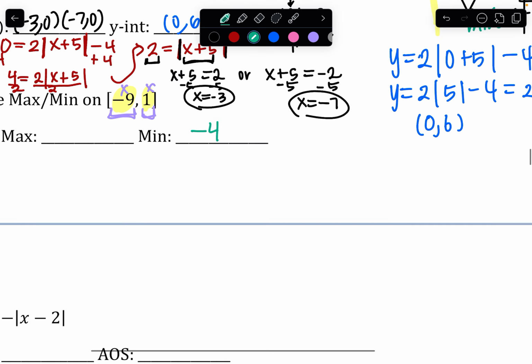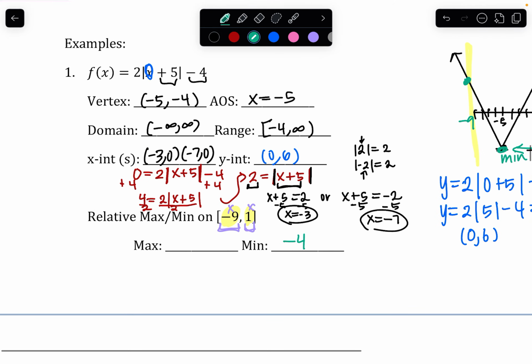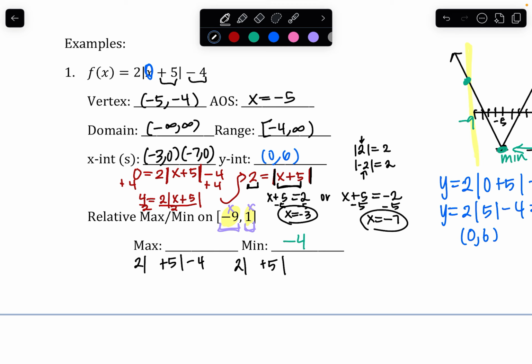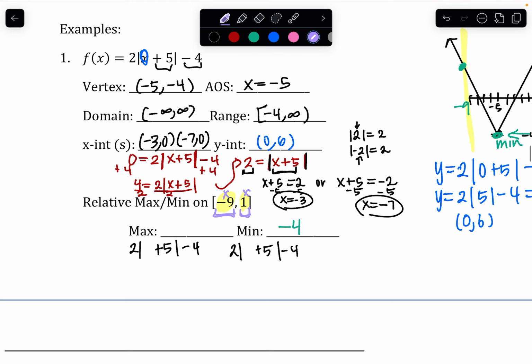And so testing it means plugging it into the original equation. So my original equation is 2 absolute value of x plus 5 minus 4. I'm going to write that twice, so that I can test both the negative 9 and test the 1.